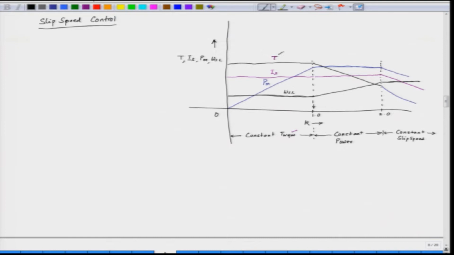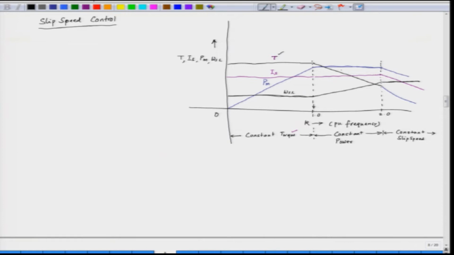This is the region between 0 to 1 per unit frequency. When the frequency reaches the rated value, the torque is the rated torque and the current is the rated current, the power increases and reaches the rated value of power, the slip speed reaches some value, and after that we enter into the constant power region.